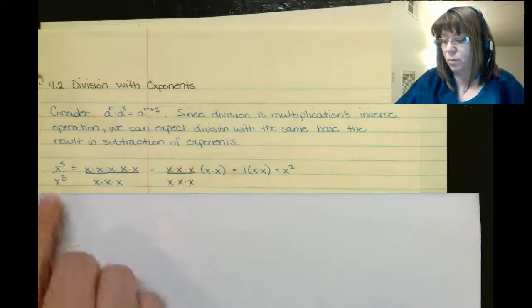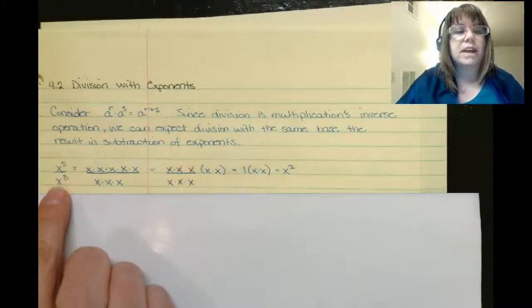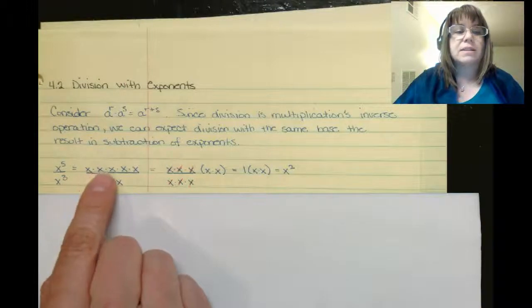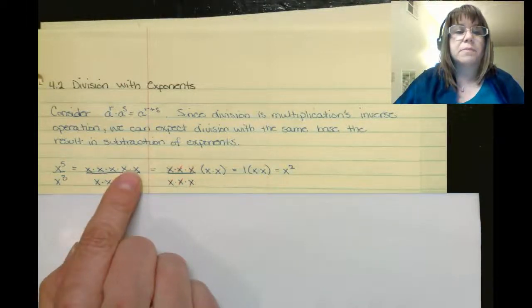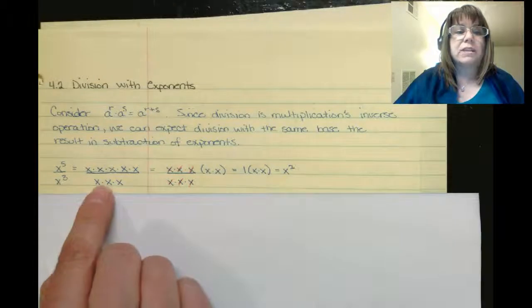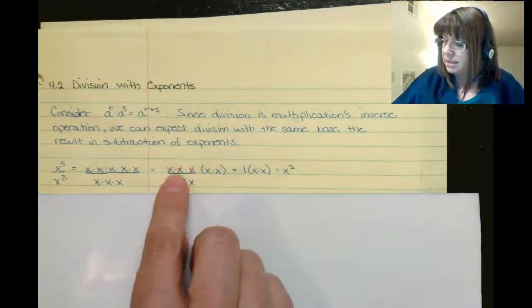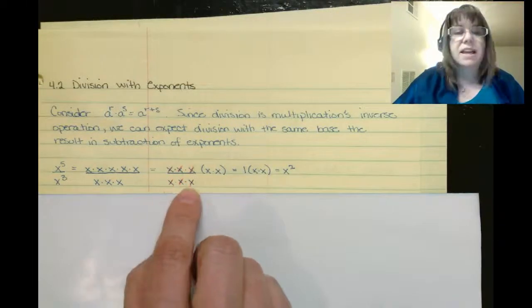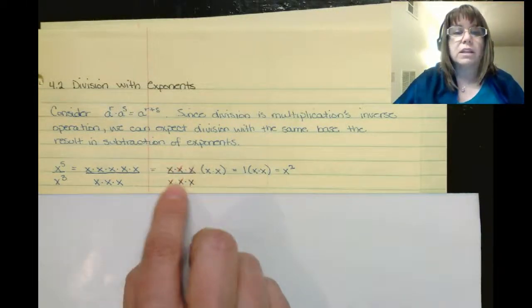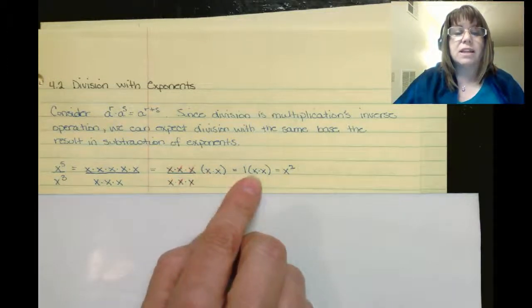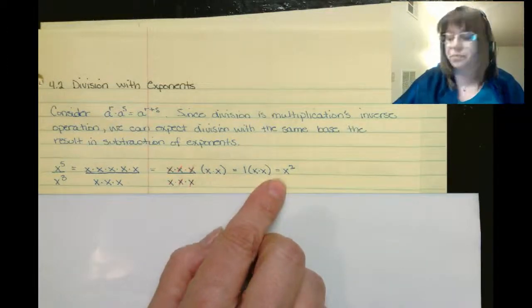For example, what if I have x to the fifth over x cubed? X to the fifth I can write out as x times x times x times x times x. X cubed I can write out as x times x times x. But x times x times x over x times x times x is just big 1. So 1 times x times x will be x squared.